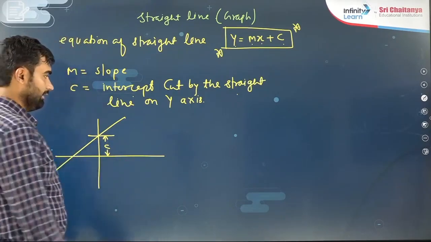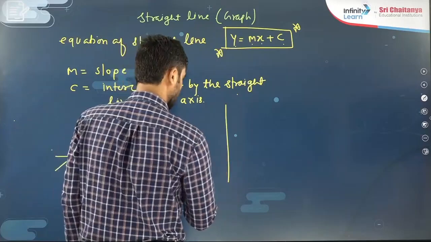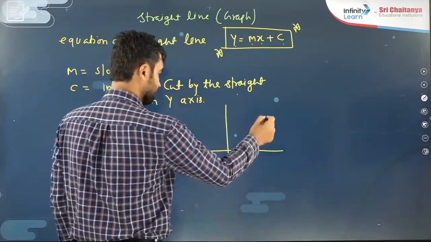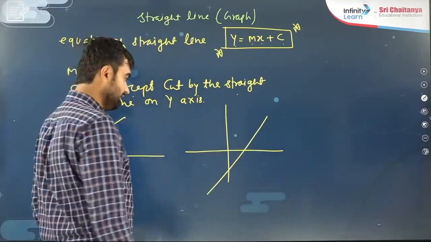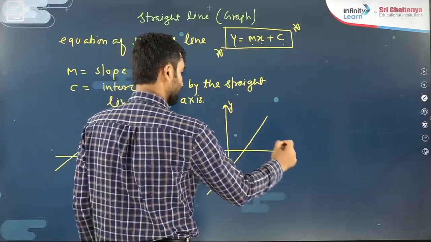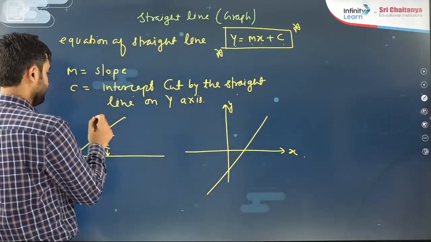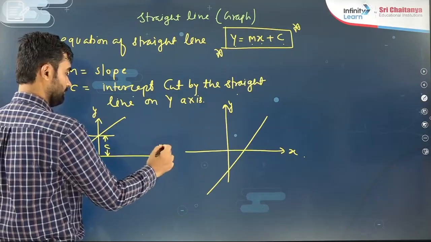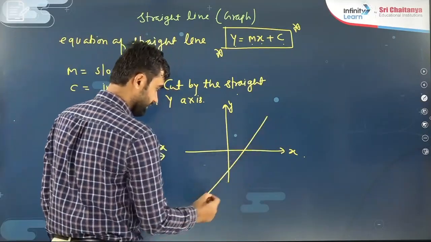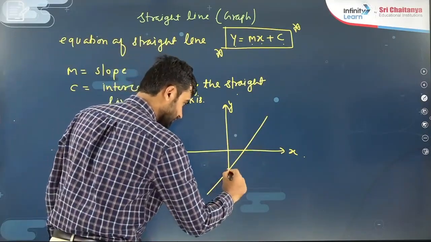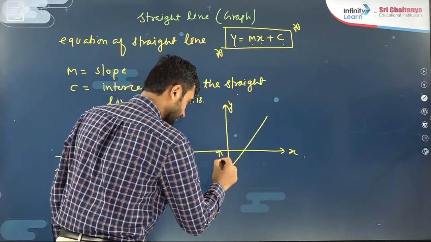Okay. And suppose this is the straight line. So this straight line is cutting negative y-axis, right or not? This straight line is cutting negative y-axis here. So C value is negative this time.